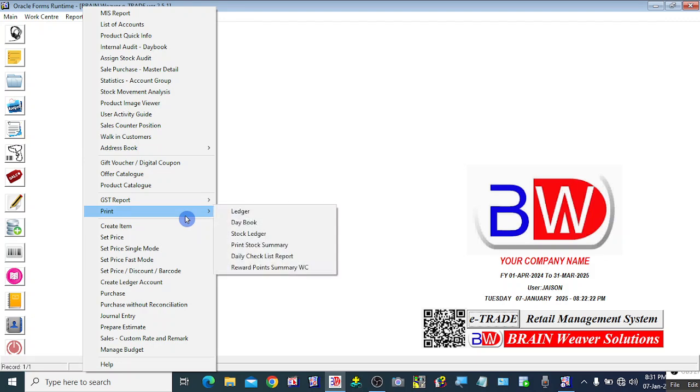Under the print button, you can see one daily checklist report. So whenever you reach office every day, it is advisable to run this report, the daily checklist report.